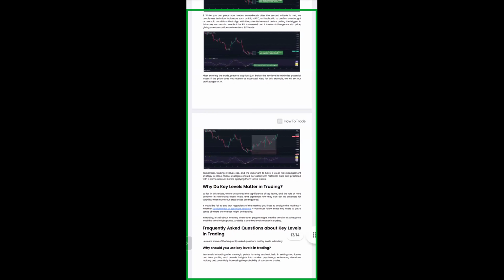So this is basically what I wanted to add to what all of us have been presenting today, the importance of key levels. I hope I've tried as much as possible to briefly explain what key levels are.